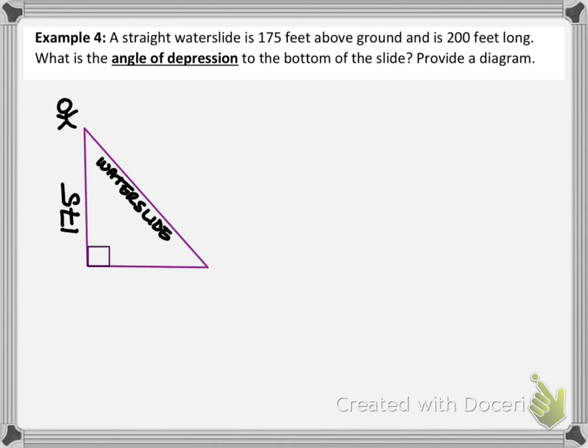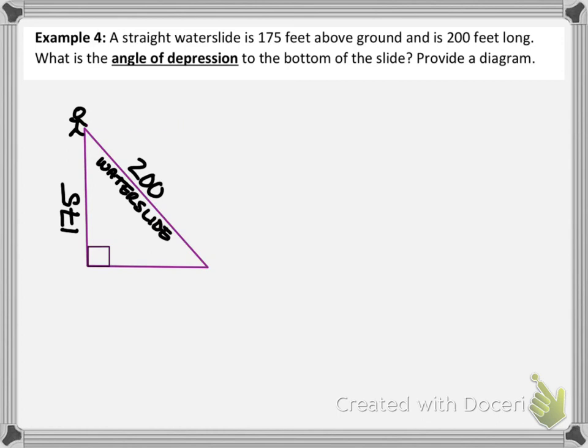They also said that the water slide is 200 feet long. And the angle of depression to the bottom of the slide is going to be what? Again, you are up here standing at the top of this slide. Okay. And you have a line of sight. Here's that line of sight that we're talking about.